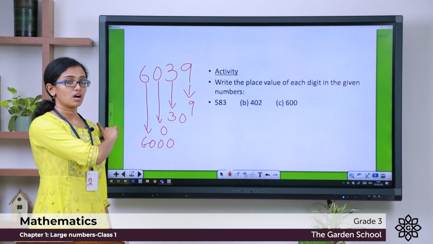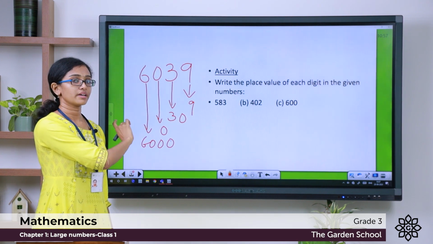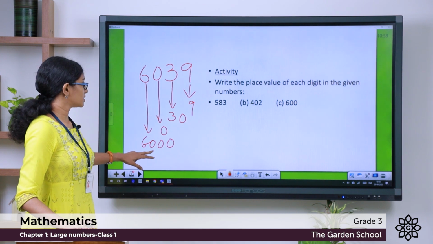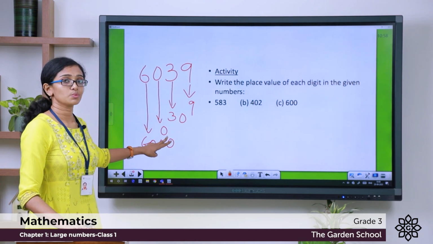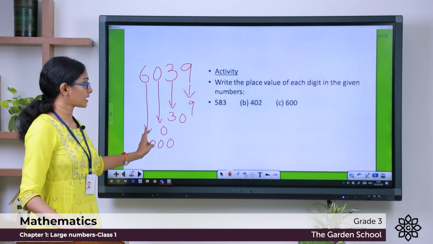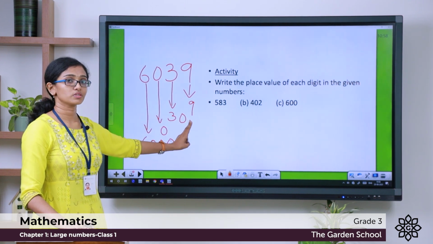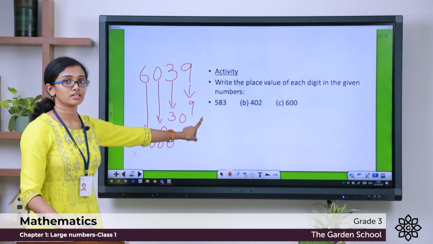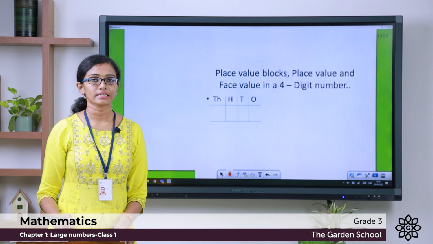So how do we read this number according to the place values? It will be 6000, and if a 0 comes in between, we don't say the word 0 there. We just omit that one and read the rest of the place values like 6039.